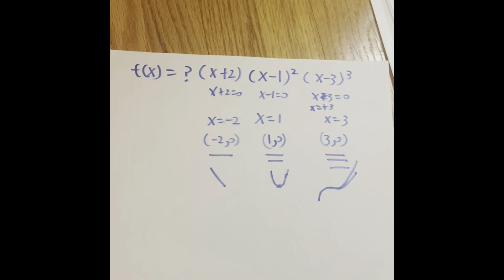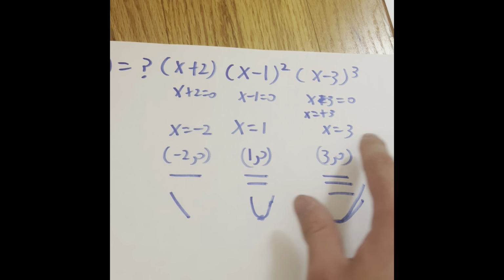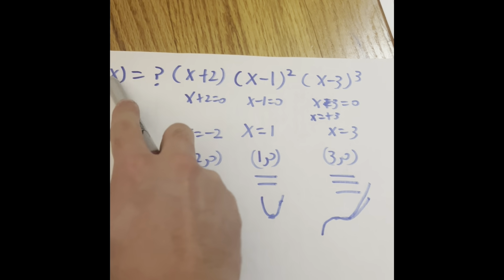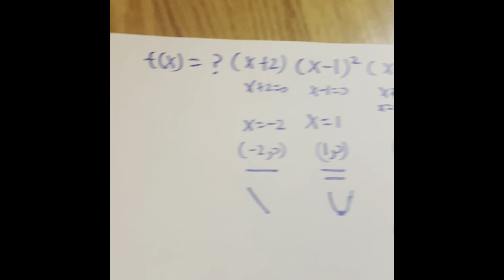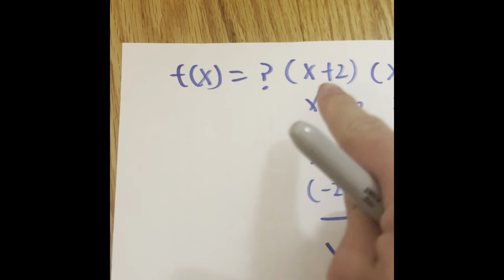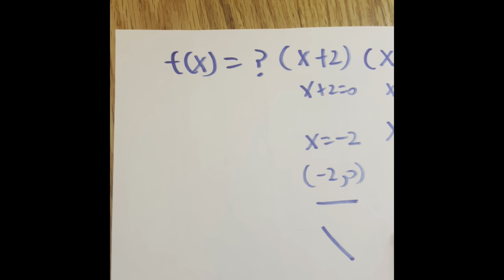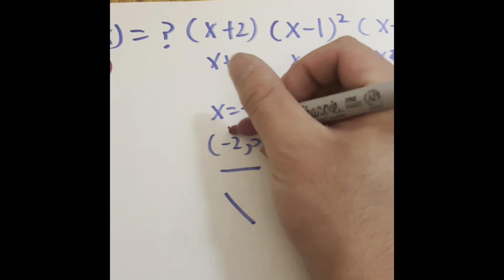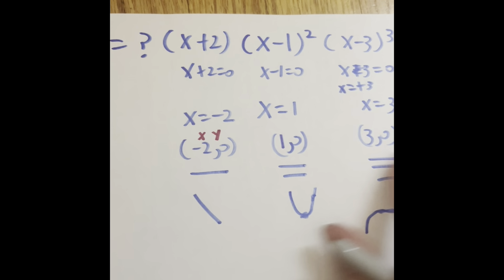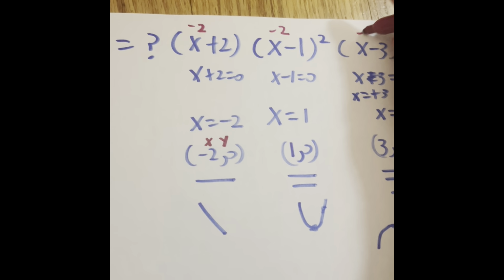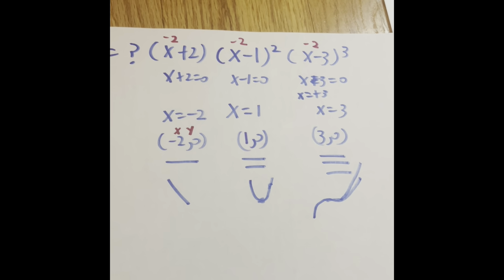What we can do is pick one of the x-intercepts and then plug it in to get to an answer. What we're trying to do is get to the y-axis, but in reverse. Or the y-intercept in reverse. Saying, if this was 0, and this is x and y, for one of them, we can put negative 2 here, negative 2 here, and negative 2 here, and see what's missing.